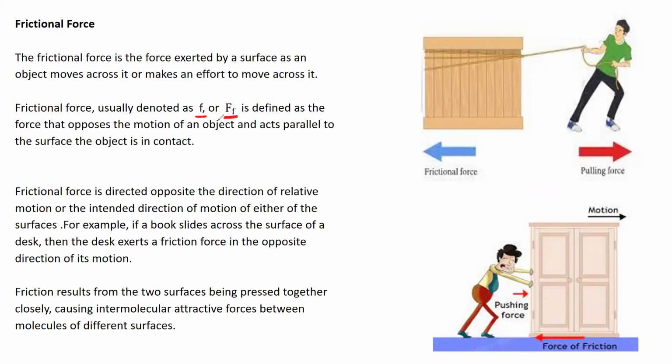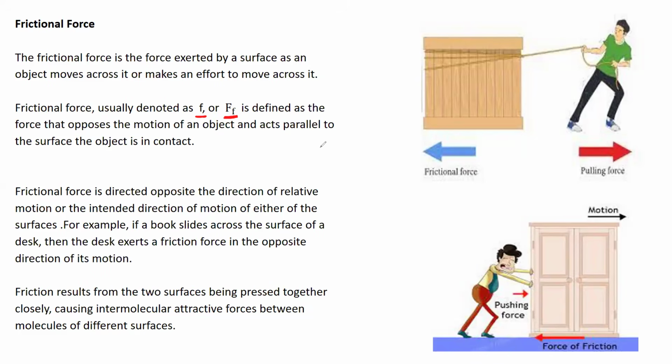opposes or is a force that opposes the motion of an object, and it acts parallel to the surface the object is in contact with. Let me say that again. Frictional force is defined as a force that acts opposite to the direction of motion of an object and is parallel to the surface.